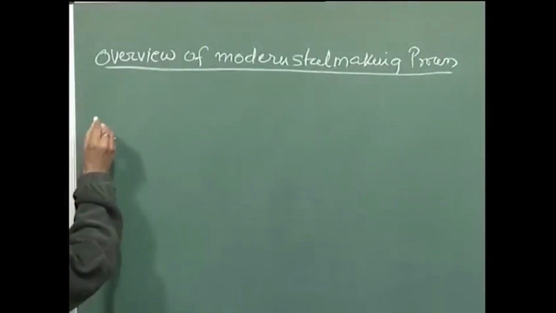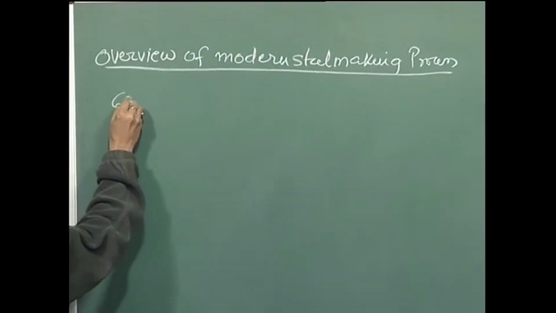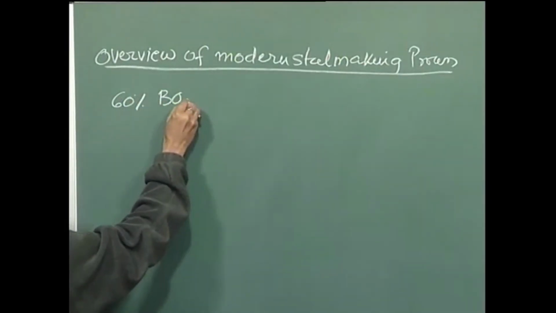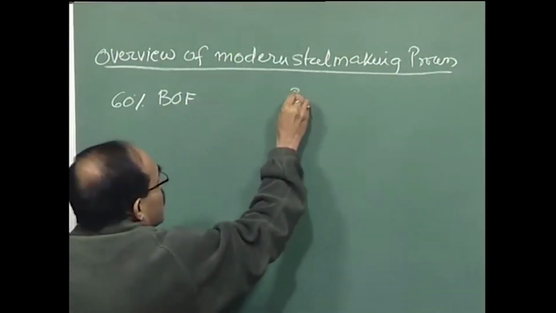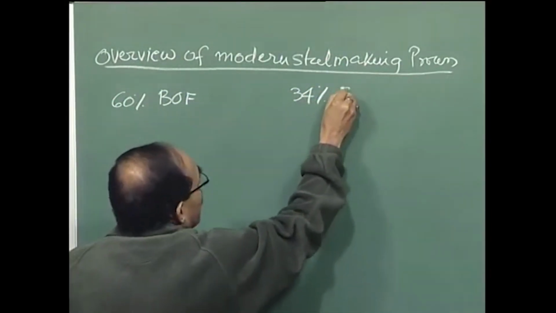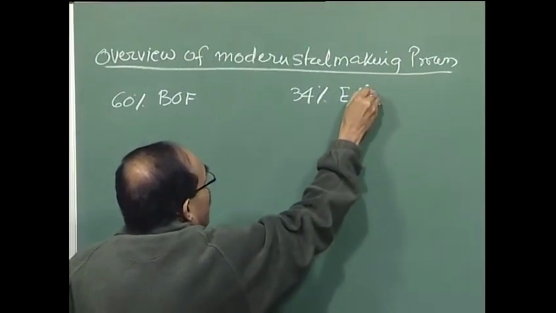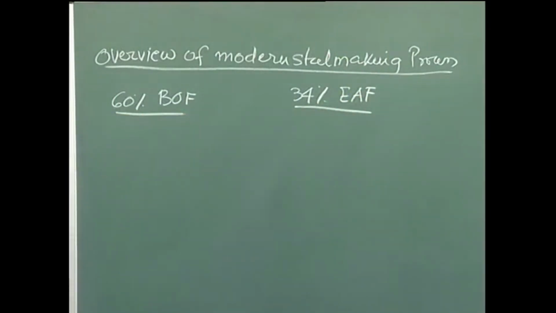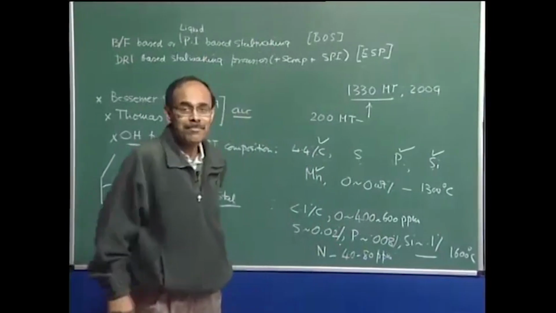As I have mentioned, today we have 60% of steel through the basic oxygen furnace and 34% of steel through the electric arc furnace. I do not write basic arc furnace because steel making today per se is basic steel making, so we have a lime rich slag.